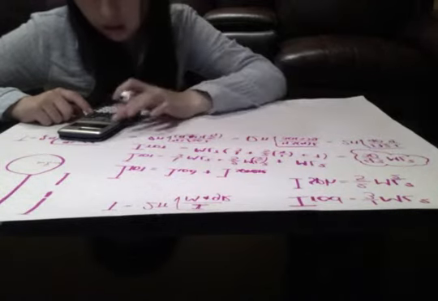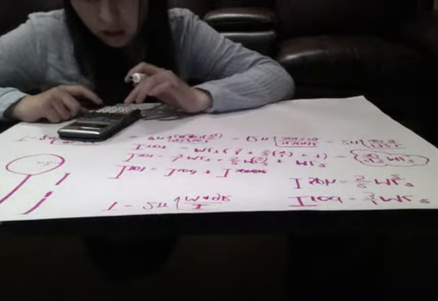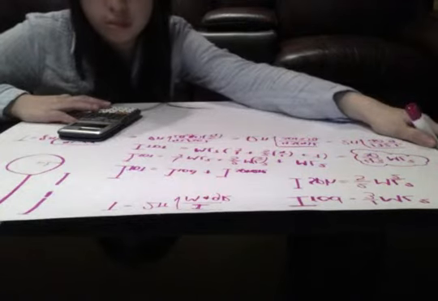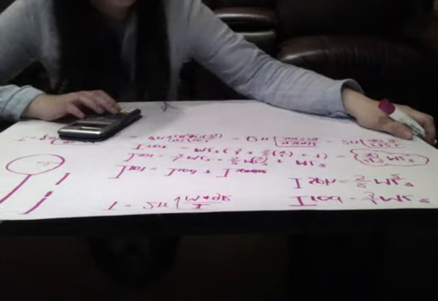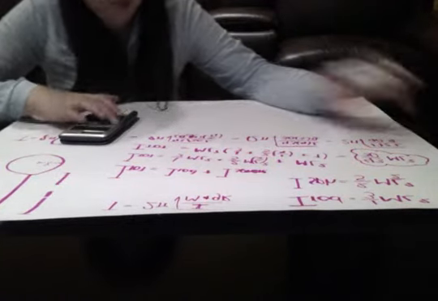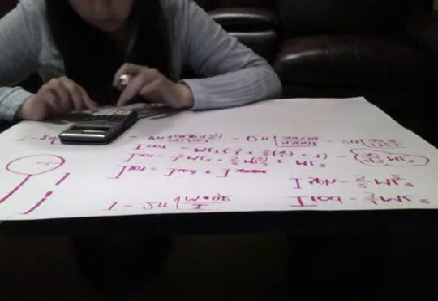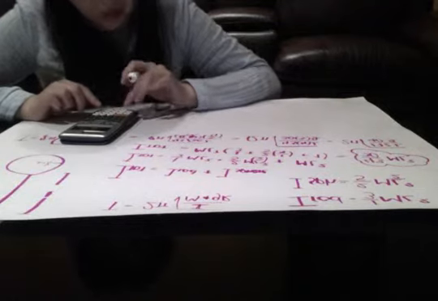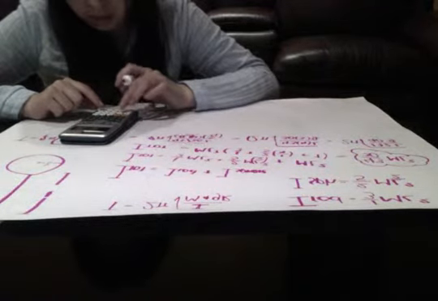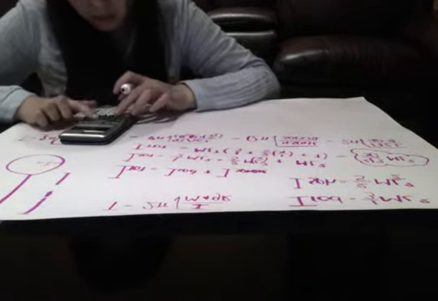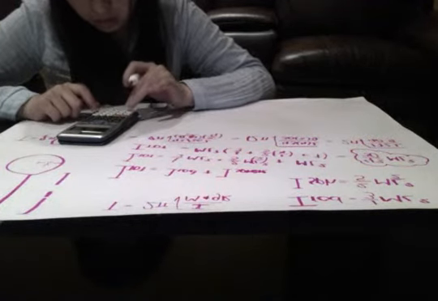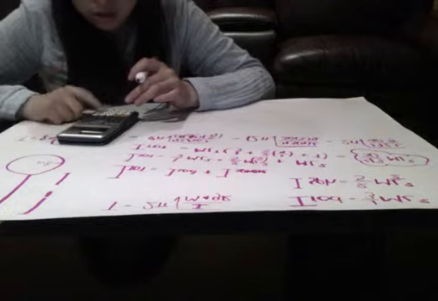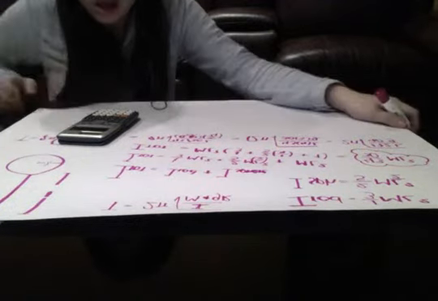We can simplify more. 4 times 43 is 172, and I'm trying to find a common factor.